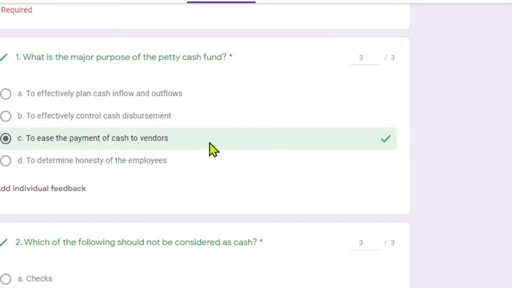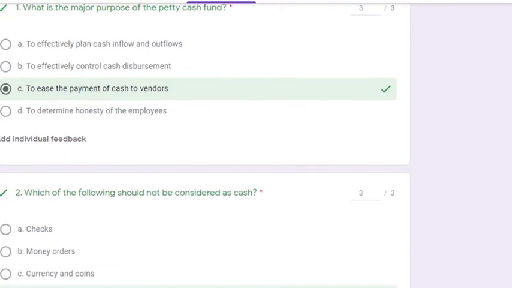Imagine kung bibili ka lang ng ball pens or ng supplies sa office or sa unit, kailangan pang mag-issue ng cheque, then yung cheque ibibigay pa sa vendor. Then i-encash pa ni vendor. So ang sinasabi dito, to ease the payment of cash to vendors, it is the purpose of the petty cash fund. Okay, that is for 3 points.